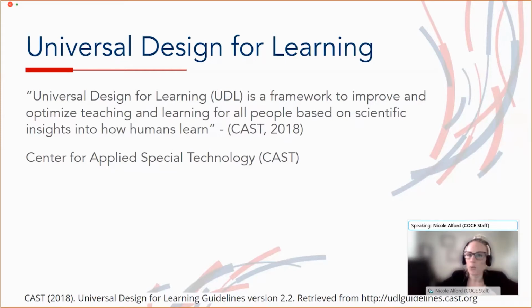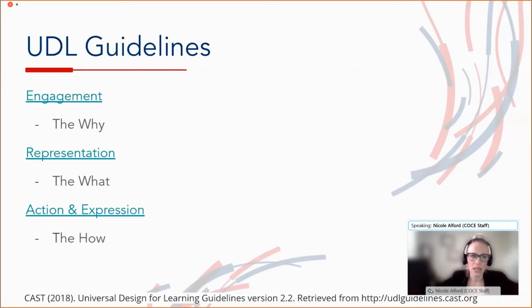Because it doesn't matter where or how, whatever you learn best, all of these principles today will enhance that experience. So the three UDL guidelines that we will cover, again, since we're all somewhat familiar with this principle, I'm going to go a little bit faster through these than I typically would. The first is engagement, which is the why, the representation, the what, and the action and expression, the how.